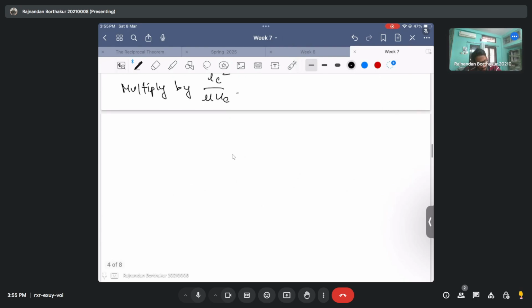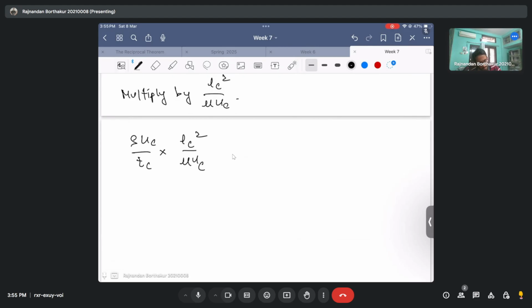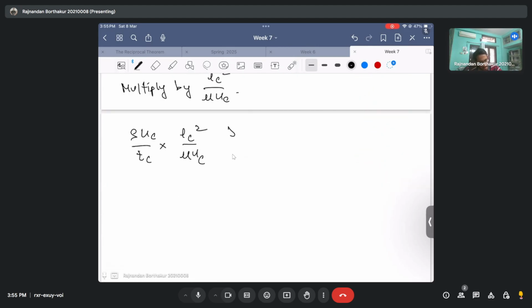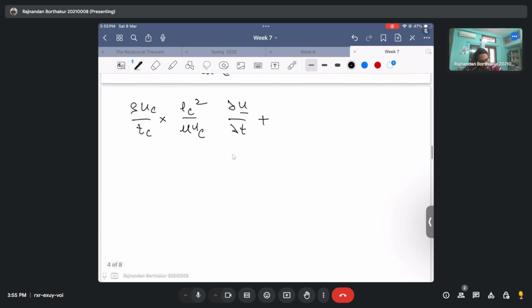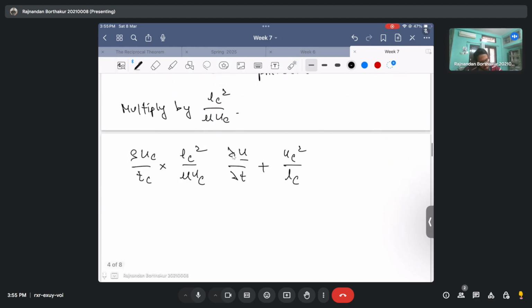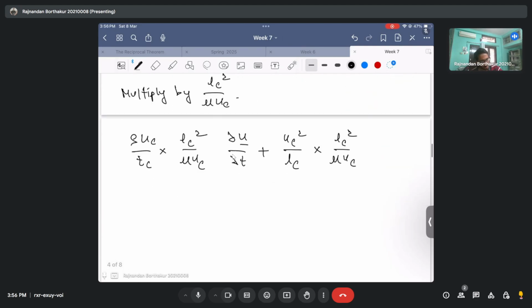So I have rho UC by TC into LC square by mu UC, that's the inertia term, and then I have del U bar by del T, plus I have this term, UC squared by LC, into LC squared by mu UC. And then I have the advective term, which is U dot grad U. And the others, they are just minus gradient of P plus del square U.